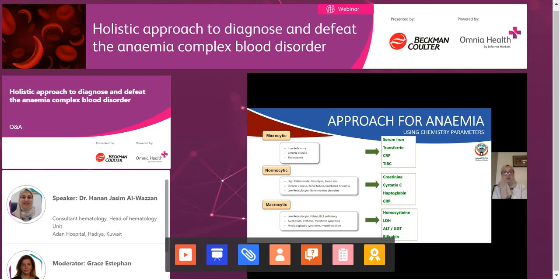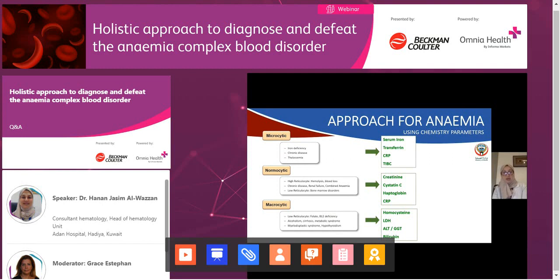We can also do CRP for the anemia of chronic disease. If it is normocytic normochromic with higher reticulocytes, then we suspect there is hemolysis and blood loss. If it is with low or normal, it could be anemia of chronic disease or anemia of renal impairment. So we'll do CRP, or cystatin C and creatinine for renal disease.